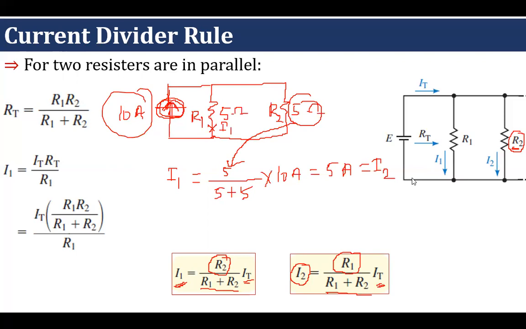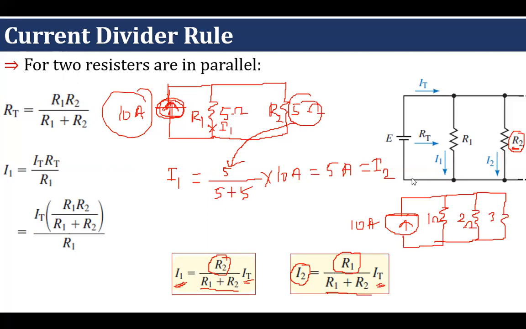Now let's see, here we have a current source of 10 ampere, and three resistors connected in parallel. This is 1 ohm, this is 2 ohm, and this is 3 ohm.